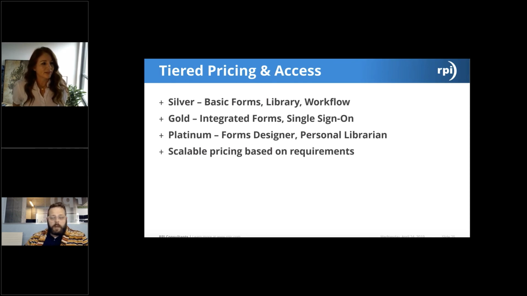So as far as pricing, pricing is really based on your requirements. However, it is tiered, as you might expect from a subscription service. And we've put this together to really be a differentiator against other products. The silver level, the entry level, contains the form library. Everything that we have built and want to include inside of the library, and everything we're going to continue to add to the library will be available to you, as well as other basic forms that may get rolled out.